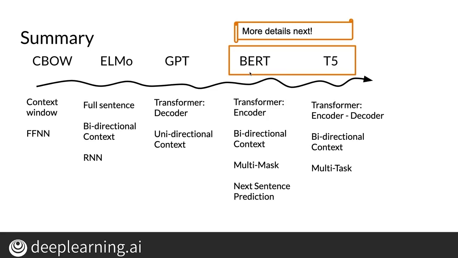Then you've seen BERT, which makes use of bidirectional encoder representations from the transformer, and it also makes use of multi-mask language modeling and next sentence prediction. And then you've seen the T5, which makes use of the encoder-decoder stack and also makes use of mask and multitask training.